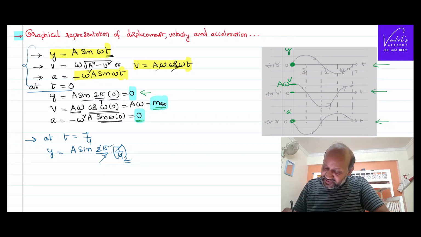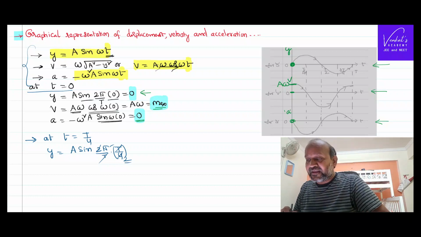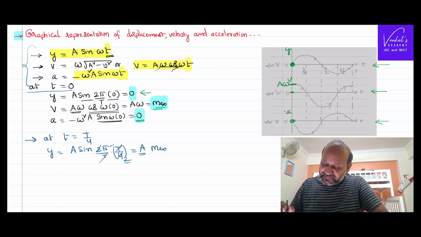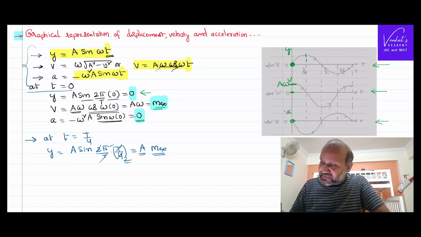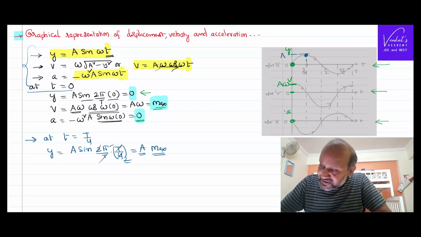That is sine 90, which is equal to 1. So a into 1, that is a. That's the maximum possible displacement. That's why at T by 4, the displacement graph is at maximum, that is a.